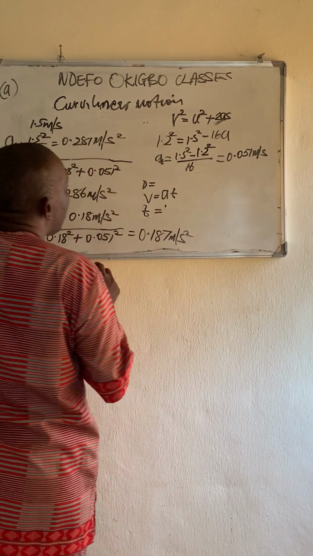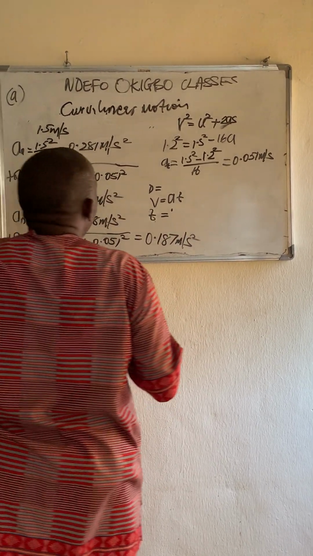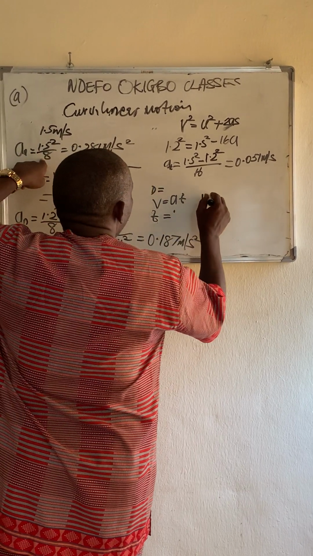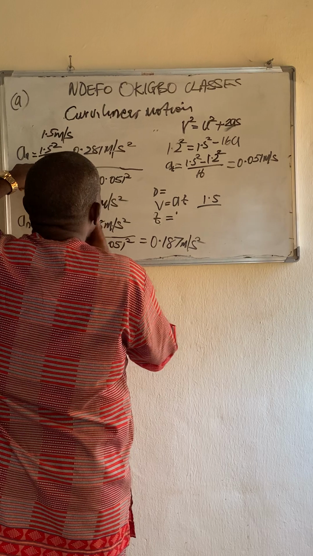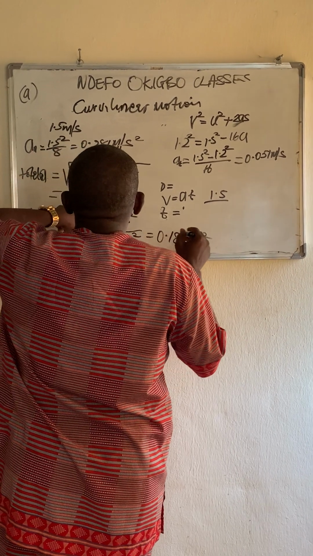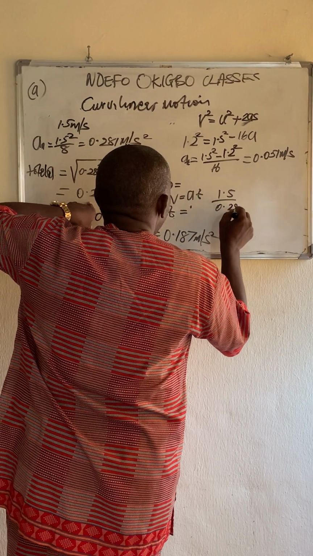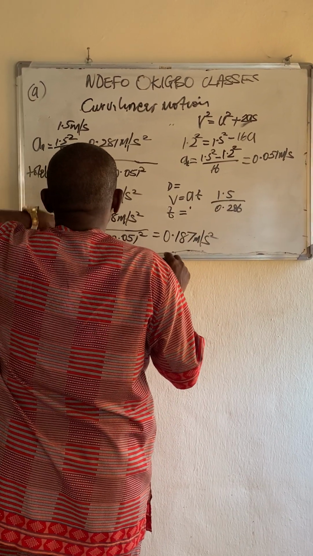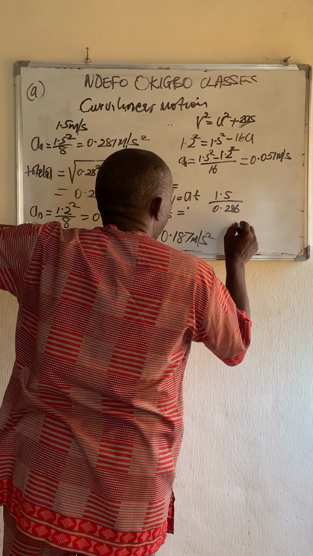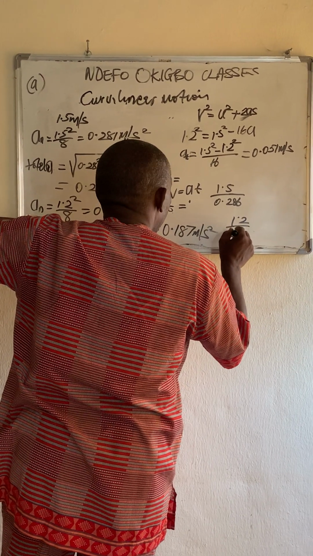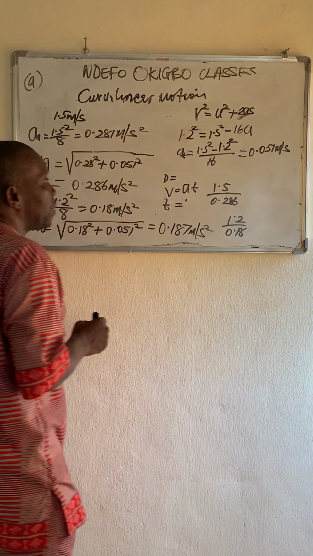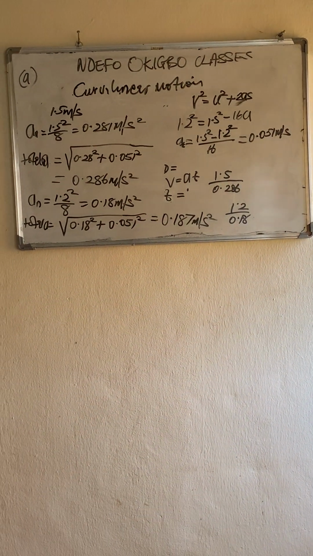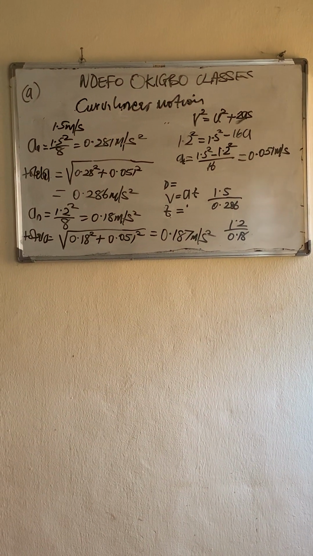For the first one, we divide the velocity at the beginning, 1.5, by the acceleration, 0.286, and we get the time. At the end, we have 1.2 divided by 0.18, and we get the time. So that's the solution to the problem as given here. Thank you very much.